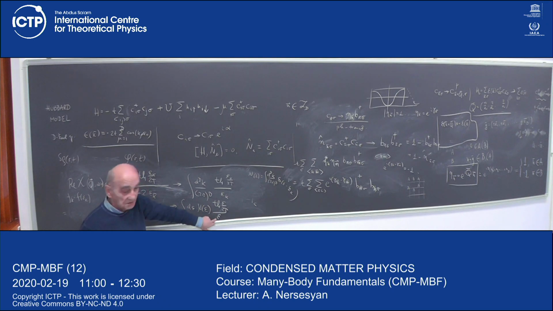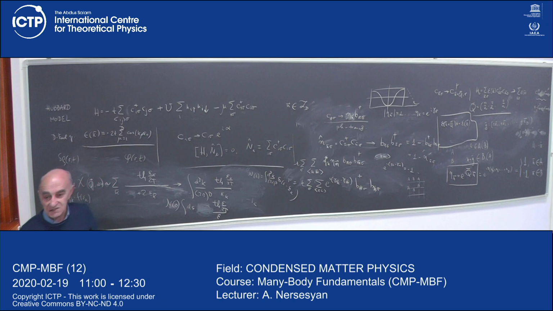The temperature may be even smaller, but the epsilon itself may be small compared to the bandwidth. So therefore, it would not be a big mistake to push this density of states outside the integral and replace it by its value at 0, just at the Fermi surface. In other words, all physics occurs within the vicinity of the Fermi surface. I'm not interested in the particular dependence of the density of states on energy. I'm interested in its behavior close to the Fermi surface, because everything happens there.